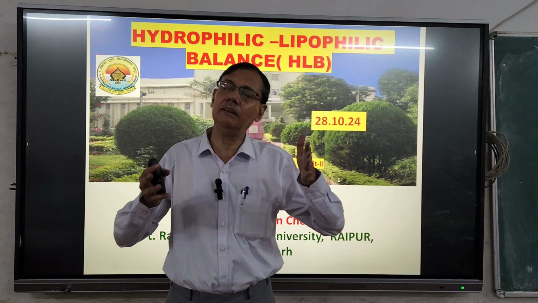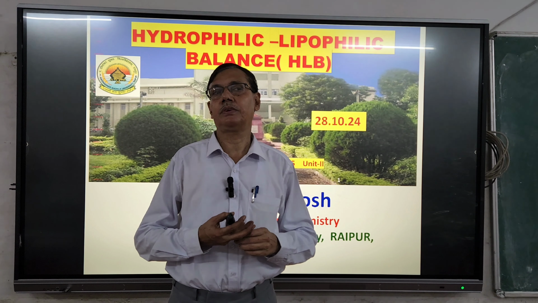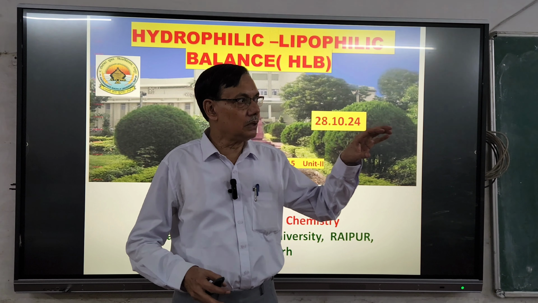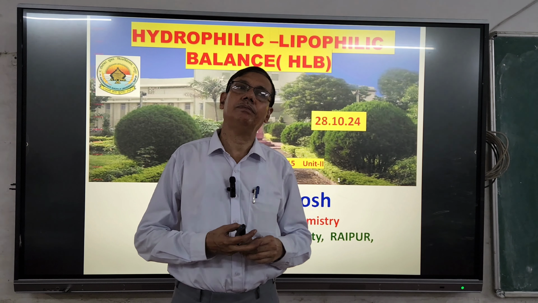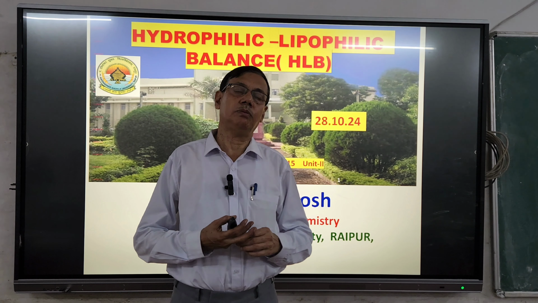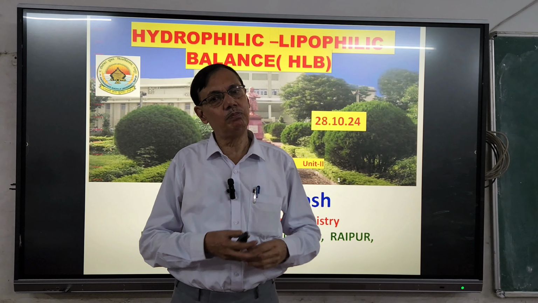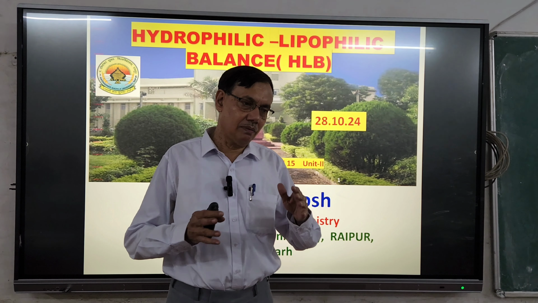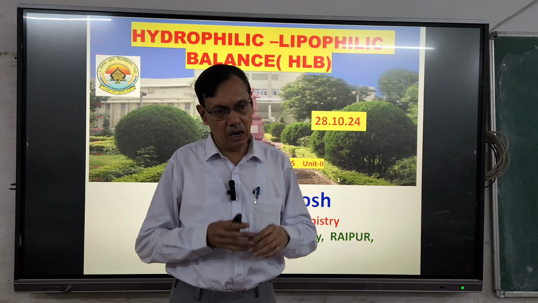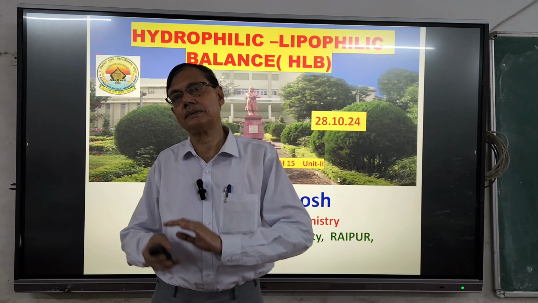If you understand these HLB parameters, you can throw some light on the quality of the surfactants. That means, suppose you want to use some soap and you know the HLB value, you can understand how it works.